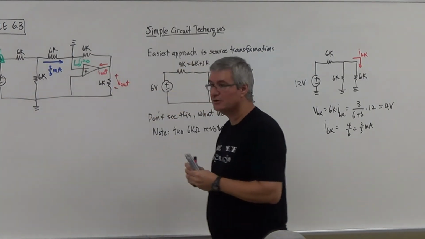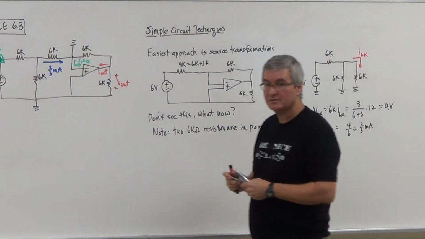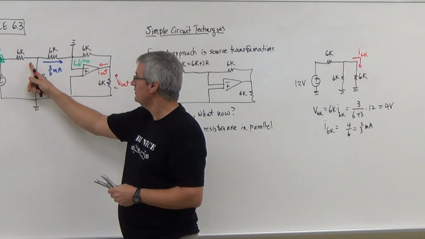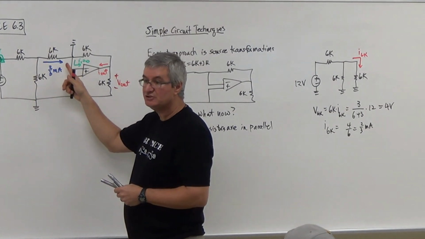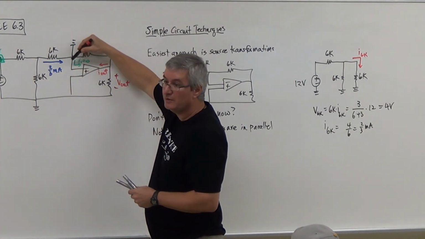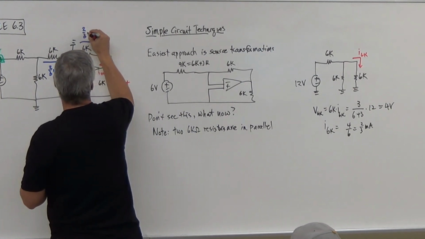Right? That's the current there. So follow the current. Right? The current comes here, it splits. As it splits, 2/3 goes this way. Now, there's no current going down, so that means I still have 2/3 going that way.